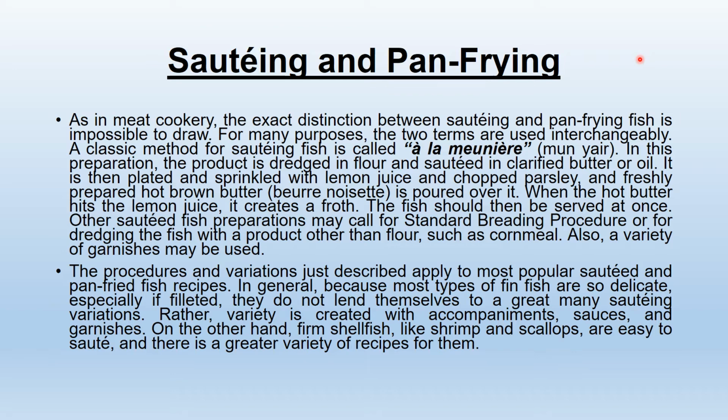A classic method of sautéing fish is called à la meunière. This is a French term. In this preparation, the product is dredged in flour and sautéed in clarified butter or oil.